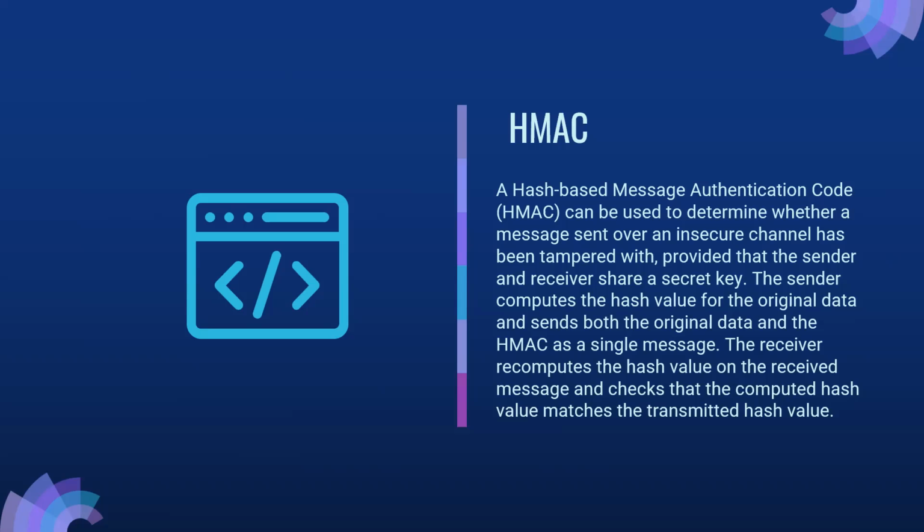The sender computes the hash value for the original data and sends both the original data and the HMAC as a single message. The receiver recomputes the hash value on the received message and checks that the computed hash value matches the transmitted hash value.